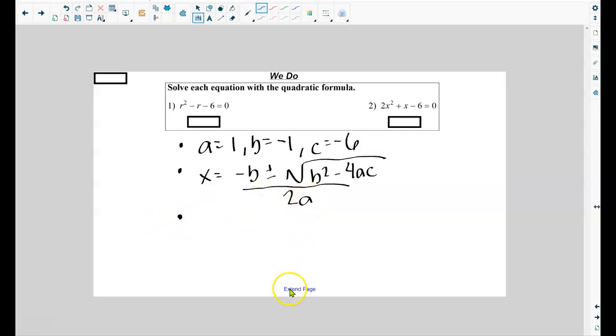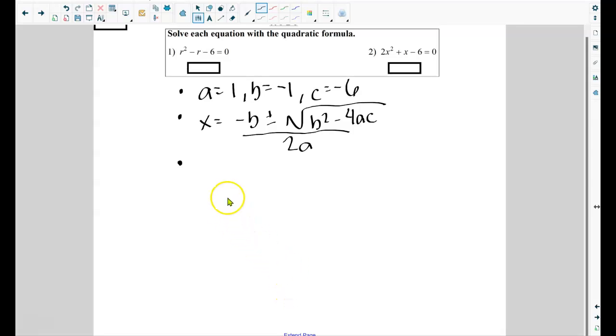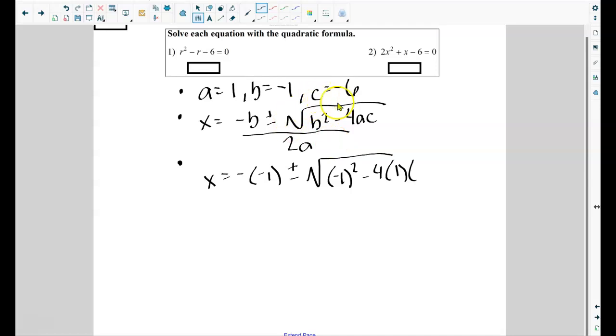Then the next step is for us to substitute. So we have x equals negative 1 plus or minus the square root of b squared minus 4a, and we've got c right here.